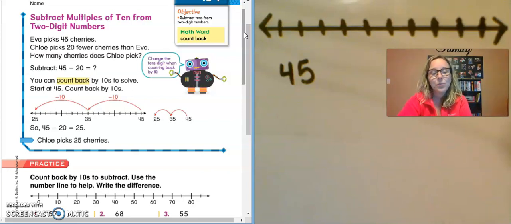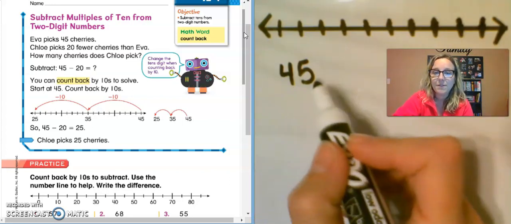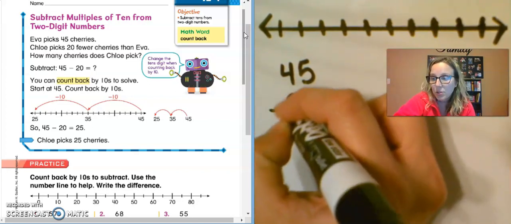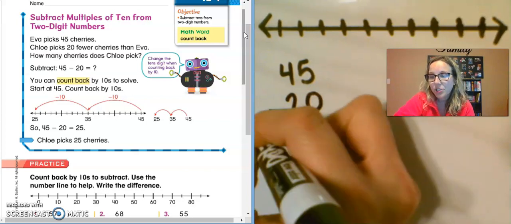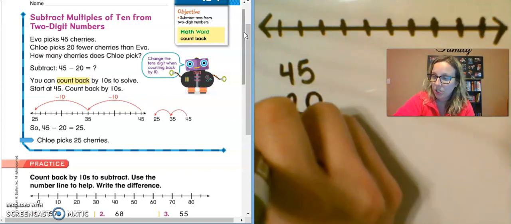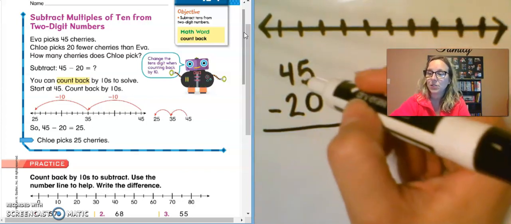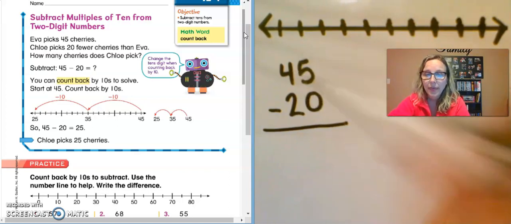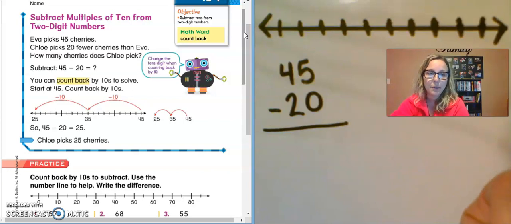So we're trying to figure out how many cherries Chloe picks. We know that Eva picked 45 cherries, and if we take away 20, that should give us how many cherries Chloe picked, because Chloe picked 20 less or 20 fewer than what Eva picked.